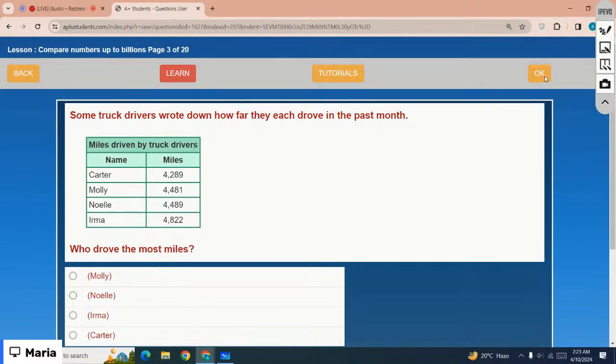Who drove the most miles? Which is the correct option? Who drove the most miles?